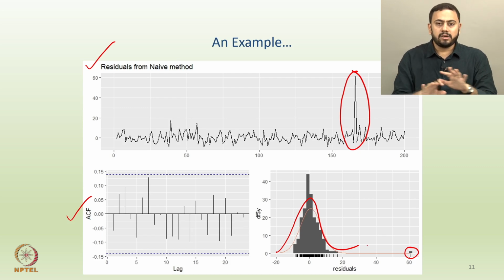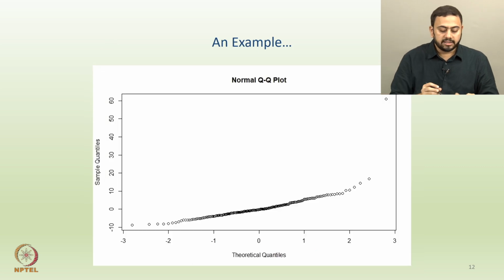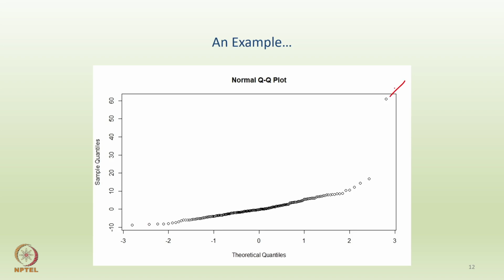So essentially we don't have any major problems with the behavior of the residuals, the ACF plot, or normality. This is a normal QQ plot. You can see the outlier here, but if you ignore that, almost all the points fall along a straight line, which ensures normality in a sense.